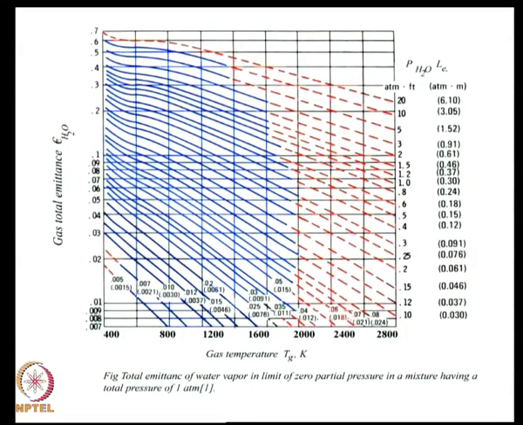And one notices that for a given length scale, as you increase temperature, the emissivity of the water vapor comes down. This can be understood in terms of the fact that as the temperature increases, the peak of the black body function starts shifting to a lower wavelength, according to Wien's law.